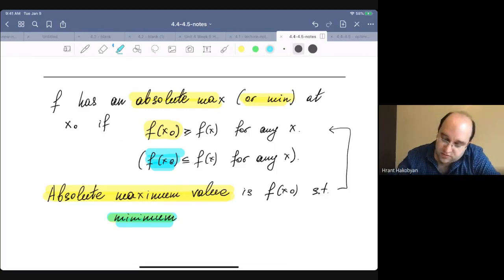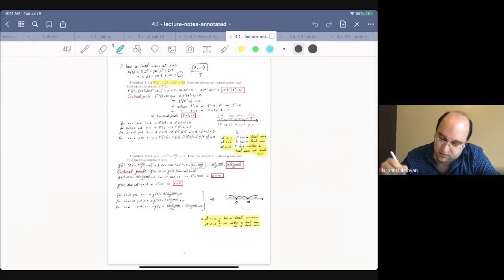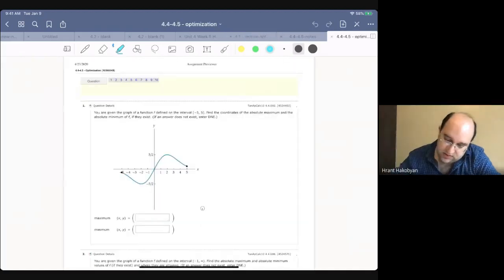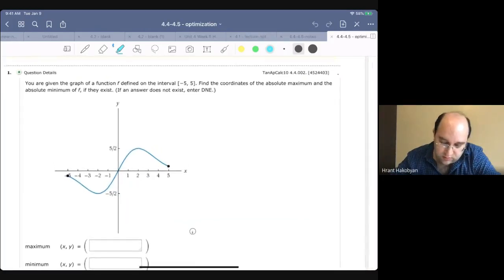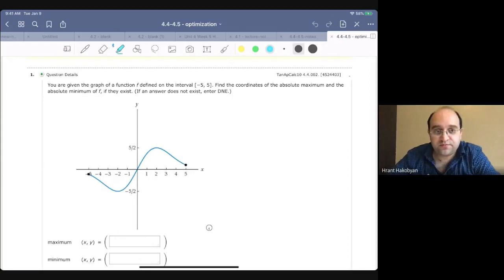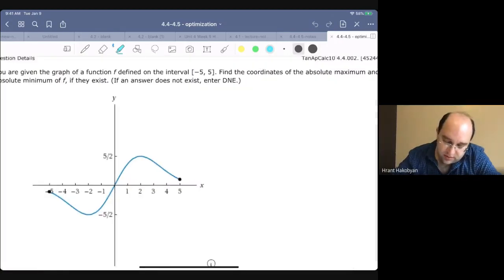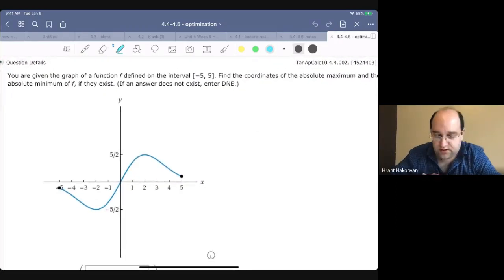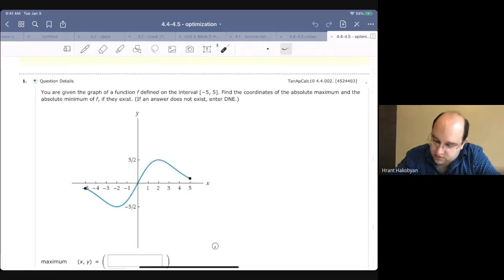So let's do this example from the homework. This is number 1. Here it says, you are given a graph of a function f defined on this interval from -5 to 5, and you need to find the coordinates of the absolute maximum and the absolute minimum of this function if they exist.